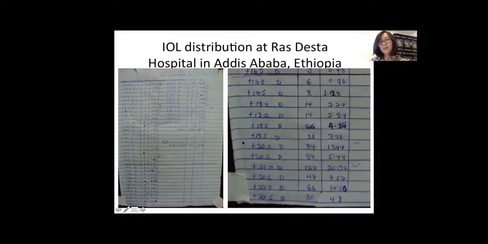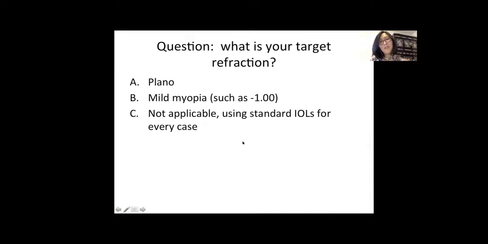So I just want to make the point that it's very important to consider your implant carefully. And my other question is, what is your target refraction? Are you aiming for plano? Do you aim for mild myopia? Or are you using standard IOLs for every case? I would say in the vast majority of cases it's plano, a little bit minus.